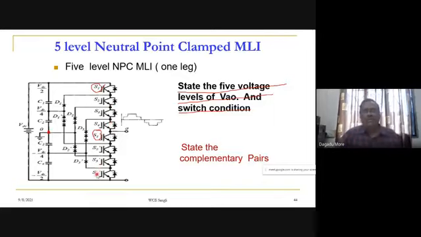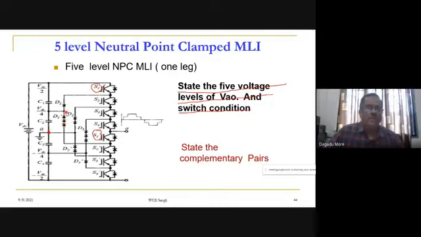So how many do we require? 24 devices. And here, the clamping diodes: the emitter of S1 and the emitter of S1 star are connected through diodes. We have shown four diodes.